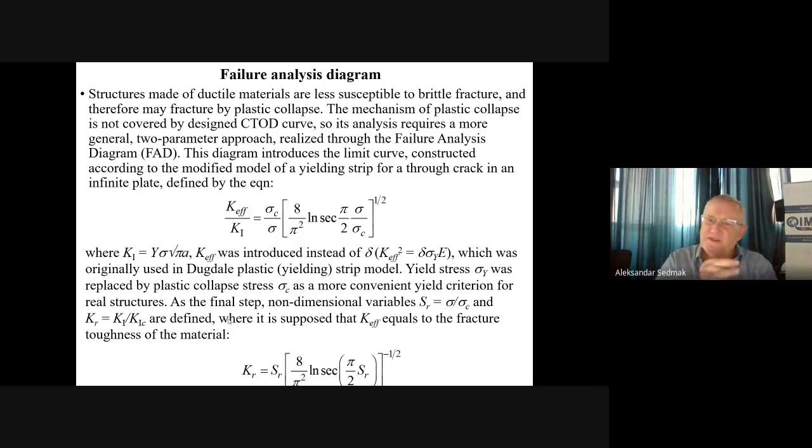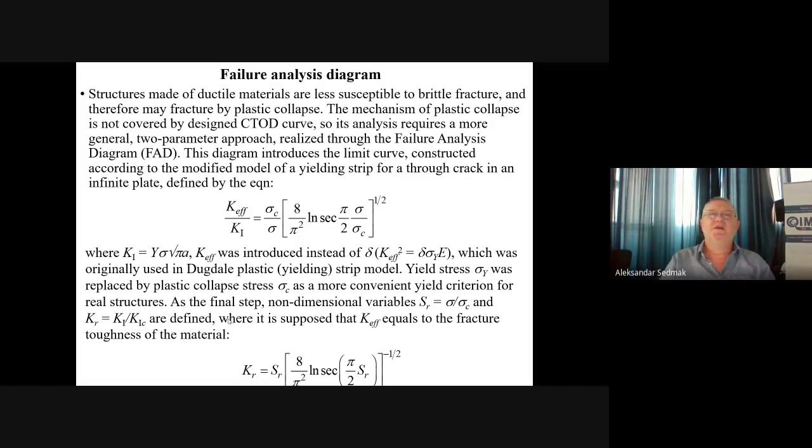Since pressure vessels are made of structural steels, typically low alloyed high strength steels, those are somewhat susceptible to brittle fracture, but certainly they would always have some kind of plastic, even large plastic deformation before eventual failure. So from that point of view, the failure analysis diagram is an ideal, simple tool to analyze pressure vessel structural integrity.